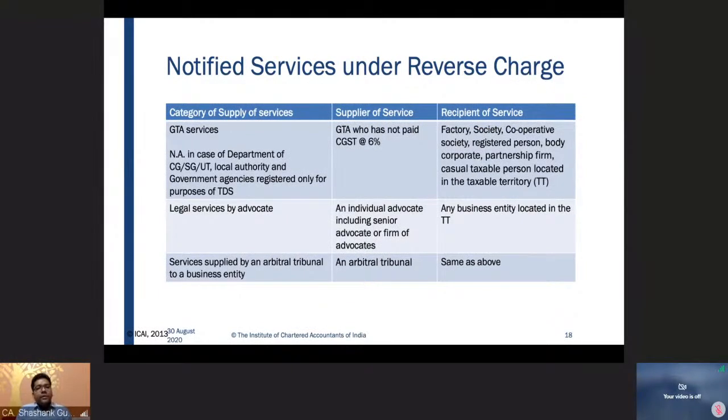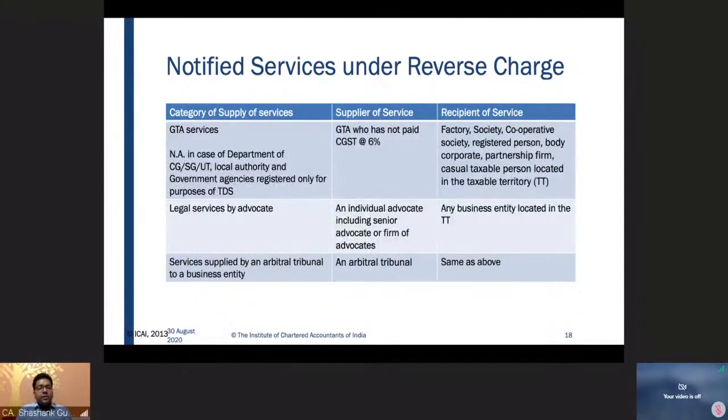One more thing that you need to keep in mind is that reverse charge in case of GTA services is not applicable in case of Department of Central Government, State Government, Union Territory, Local Authority and government agencies registered only for purposes of TDS.